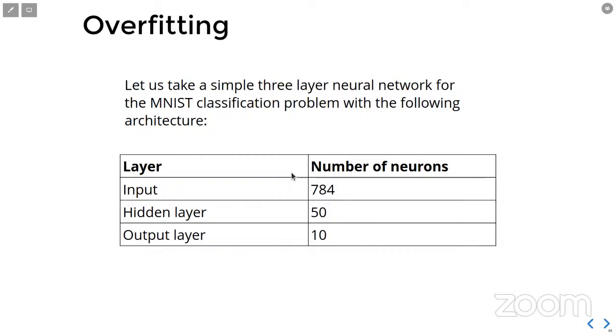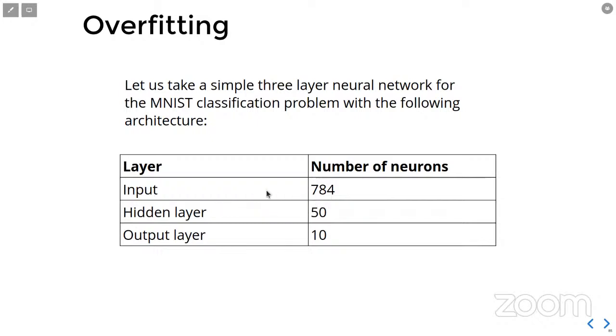Okay, the final part before we close is overfitting, and overfitting is probably one of the most important problems or issues with neural networks, because it's very easy to overfit neural networks, right? Here is a quick example of the number of parameters in a simple 3-layer network, right?